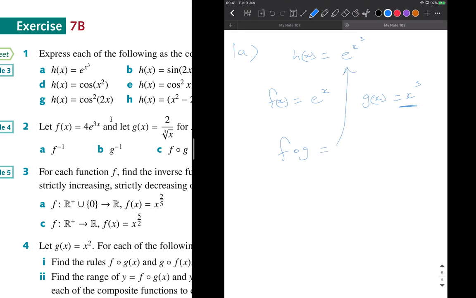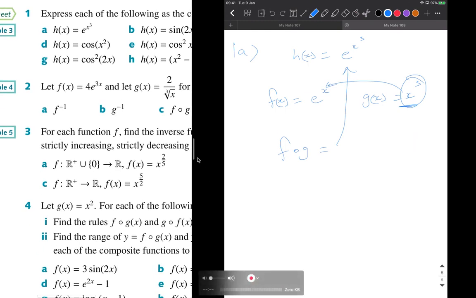So that's the composite of those two. G is going to be placed where x is on the f function. So that's all question 1's doing, and it's very similar to the chain rule with calculus, finding what u and v is. So if you've done calculus, then that'll be a link there.